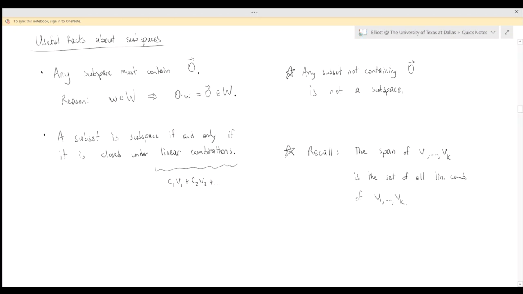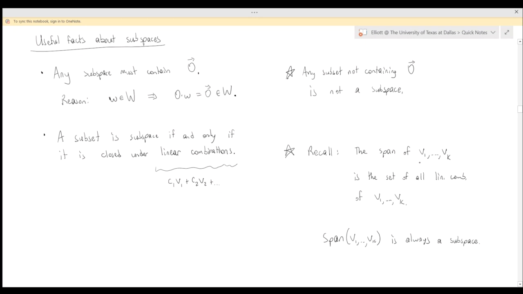I gave this definition earlier for vectors in Rn, but the same definition holds for any general vector space. And the span of any collection of vectors is always going to be a subspace.